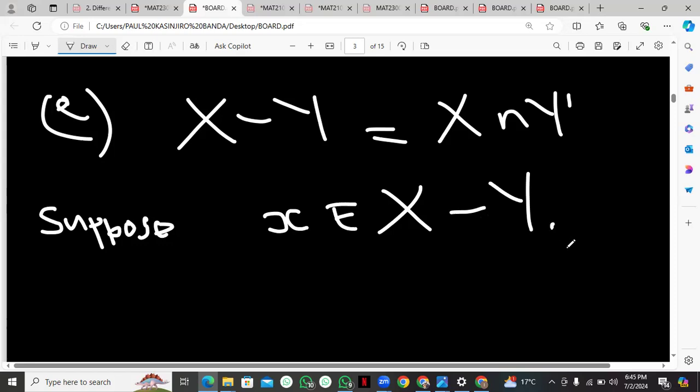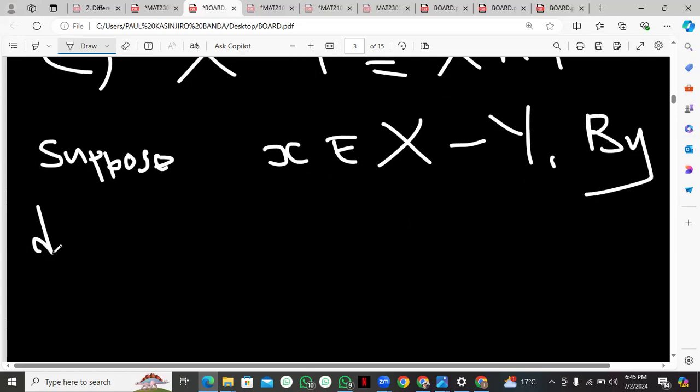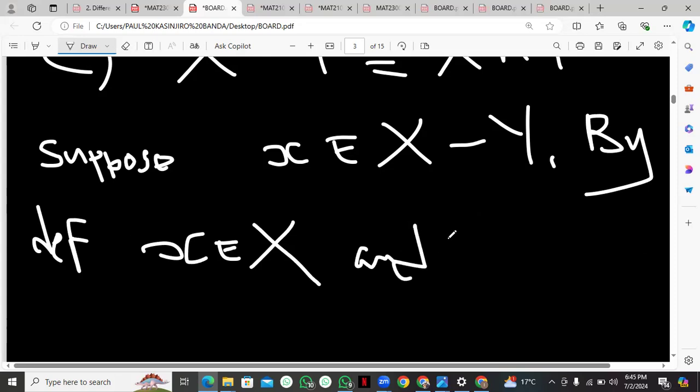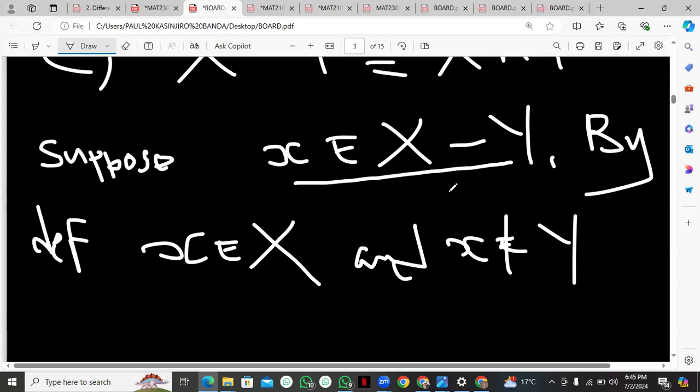So by definition, x is a member of the set X, and x is not a member of the set Y. This is what it means when you have one set subtracting another set.